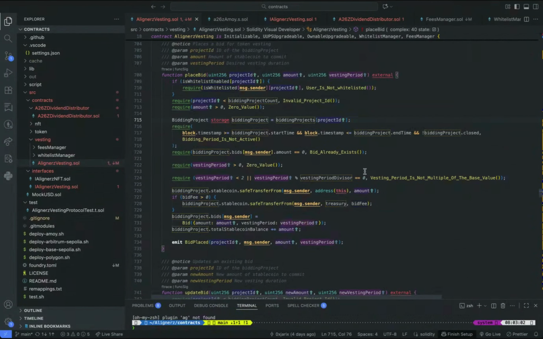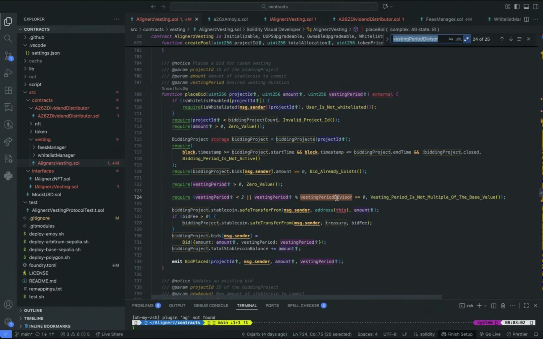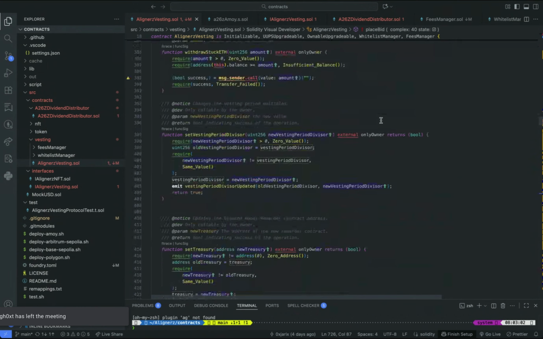So this vesting period has to be a multiple of a certain duration, which is the vesting period divisor.